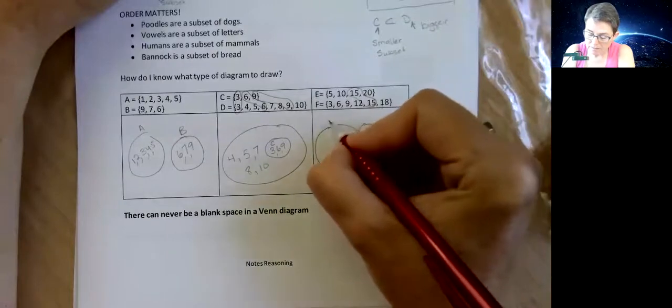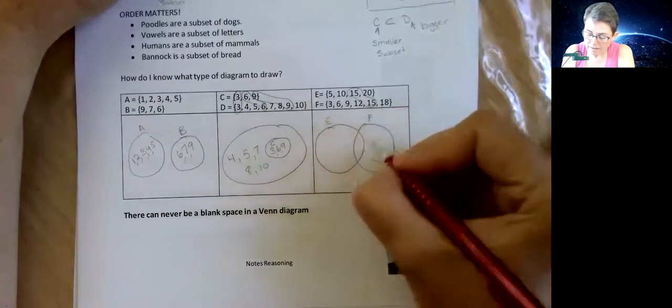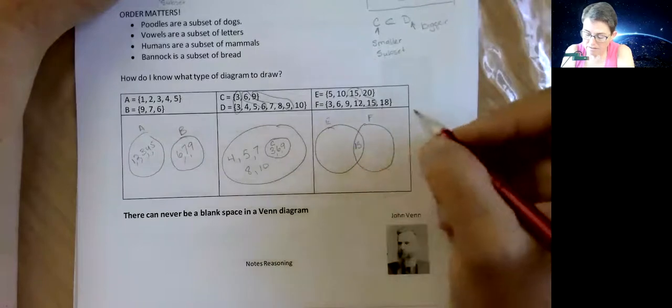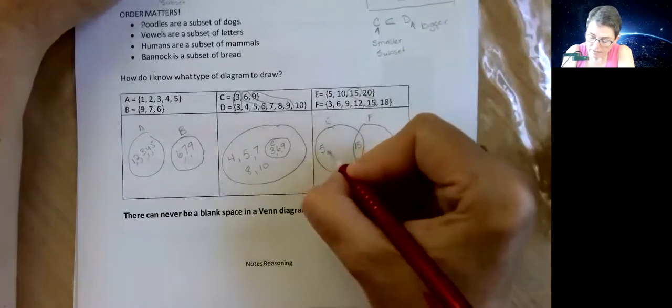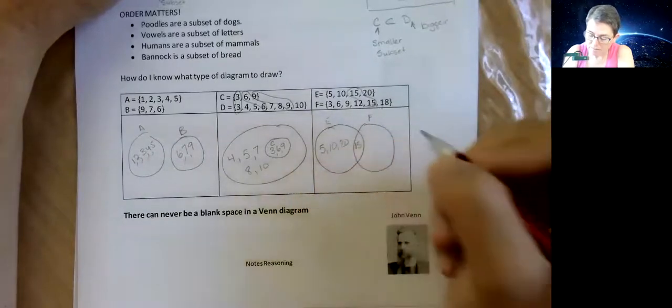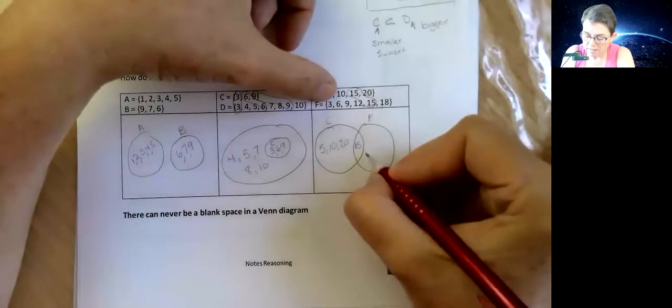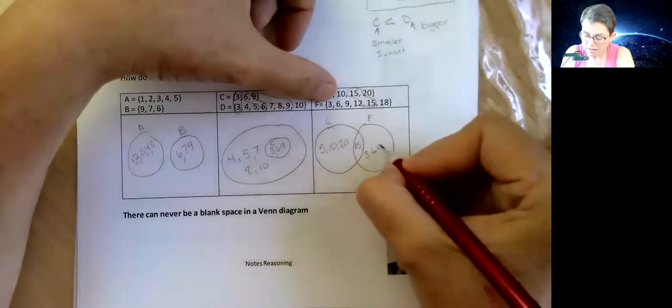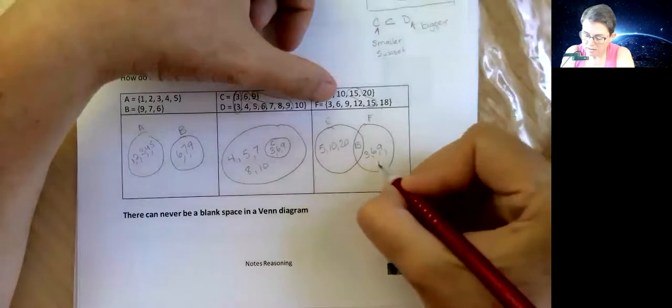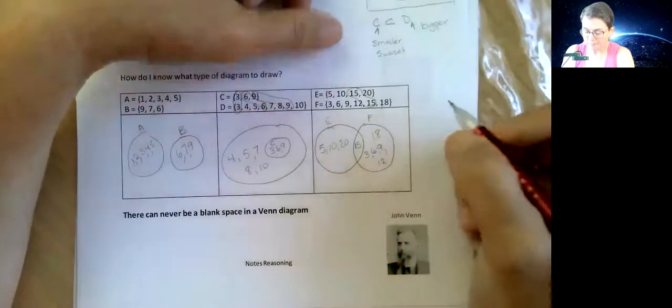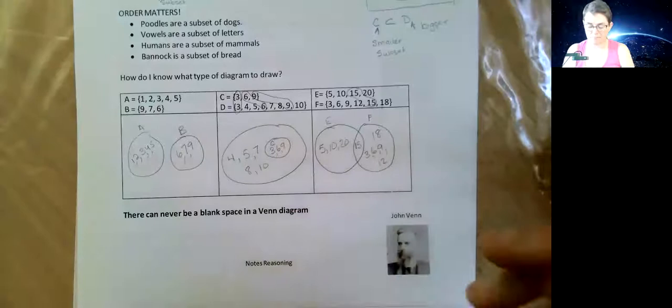So here's E, and here's F, and you know what? I'm going to put the 15 in first, and then I got 5 and 10 and 20 in this one, and in this one I've got 3, 6, 9, 12, and 18, and 15 only appears once.